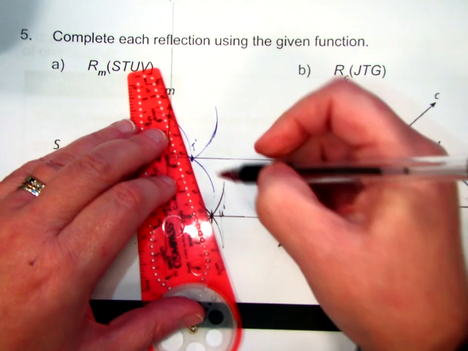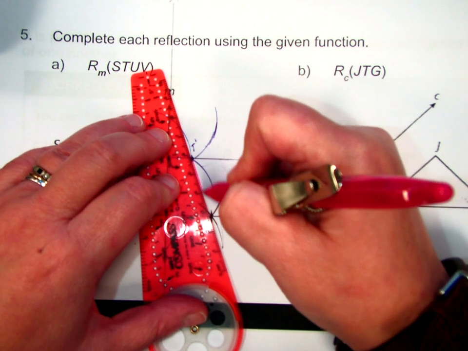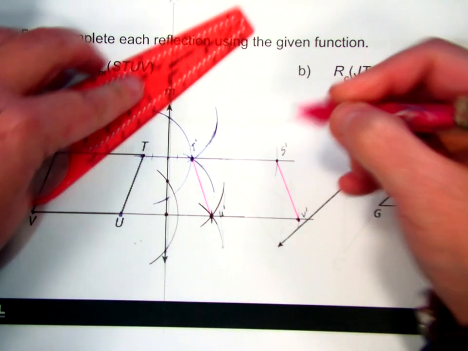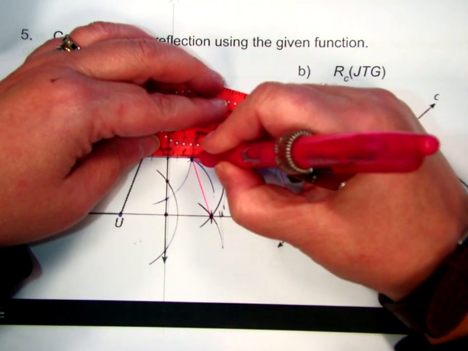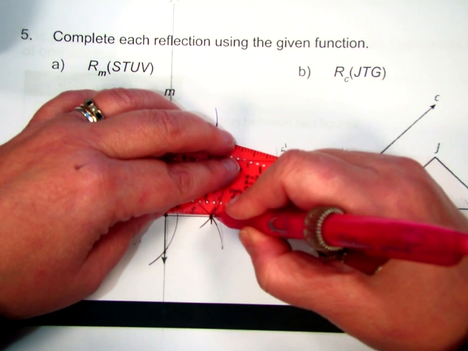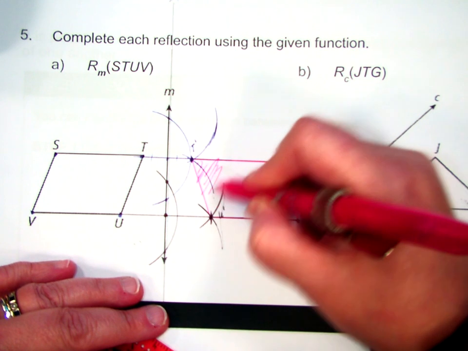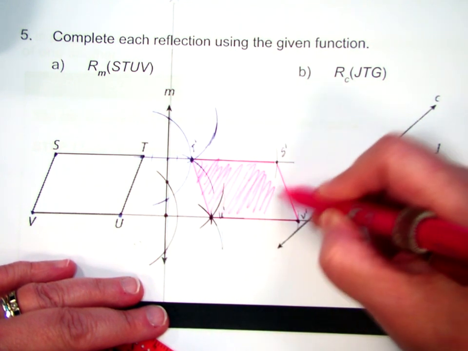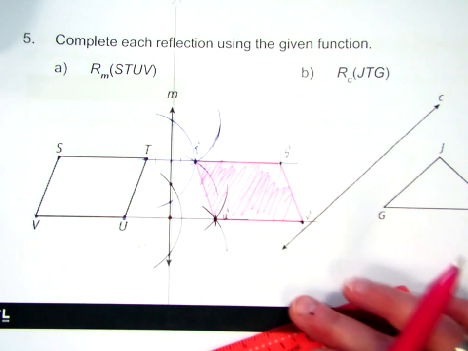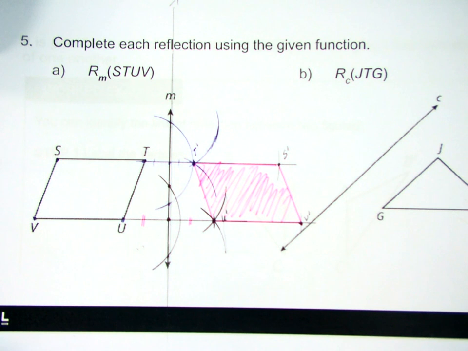And again, looky here. Here is my completed figure. This is what the whole thing would look like if I'm going to shade that in. Which makes sense because this quadrilateral literally flipped over the line this way. And this piece is equal to this piece, by the way.